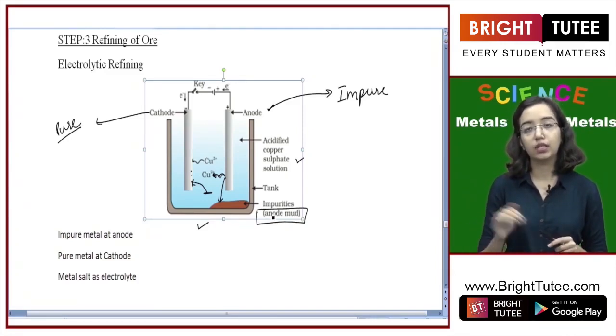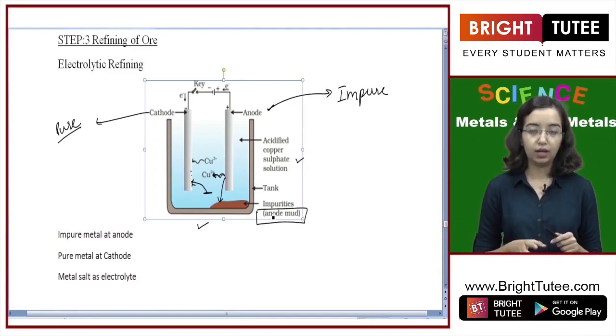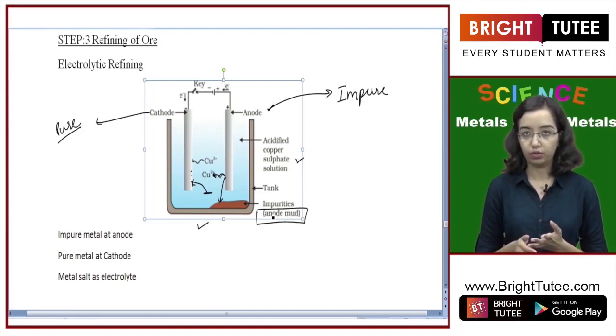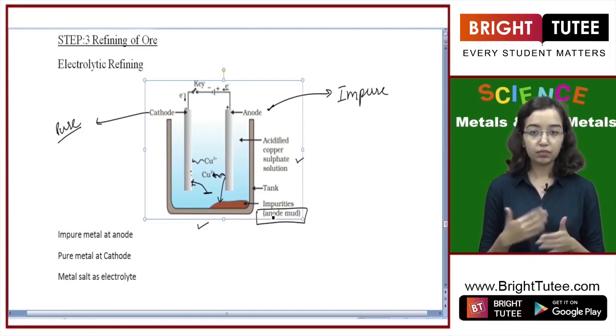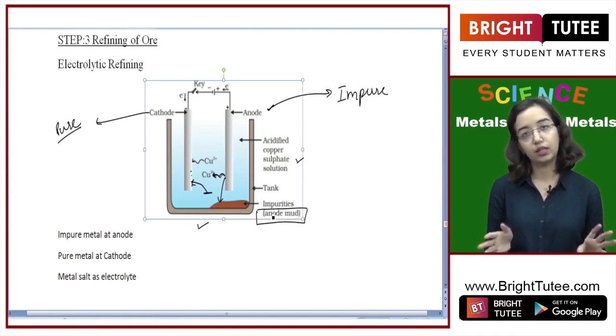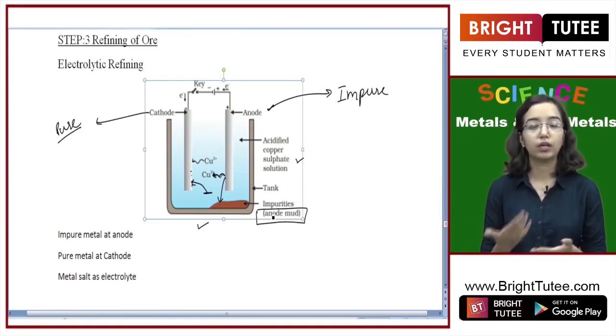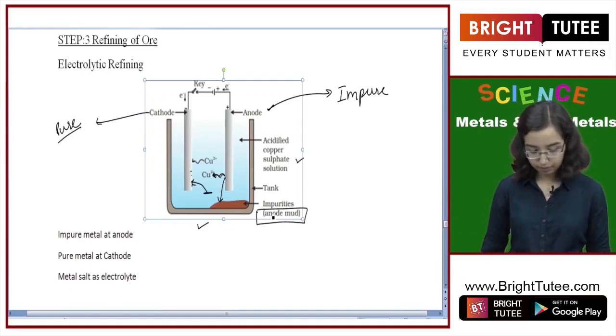If they are soluble, then they will get dissolved in the electrolyte. In either case, we have removed the soluble impurities and the insoluble impurities. Insoluble impurities get deposited as anode mud, and the soluble impurities are present in the electrolyte. But the pure metal gets deposited on the cathode, and then we can retrieve it from there.